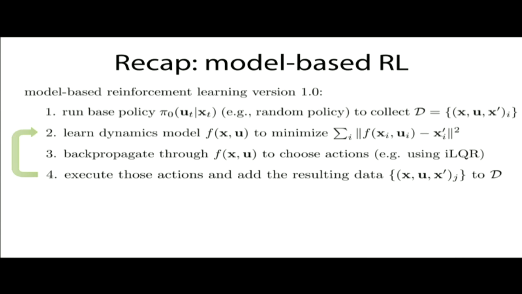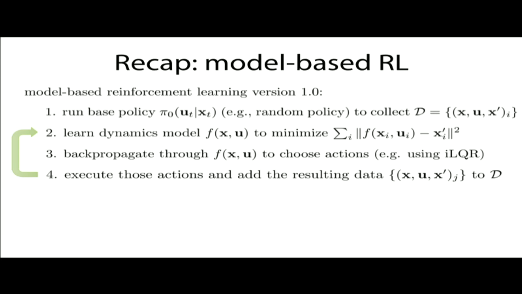Then in step 2, you learn a dynamics model f(x,u) that maps from the current state and action to the next state using your data set. Usually you use a mean squared error, as written there, to fit that model. f(x,u) is termed your model, a model of your dynamics. It's able to predict what the next state is given your current state and action.